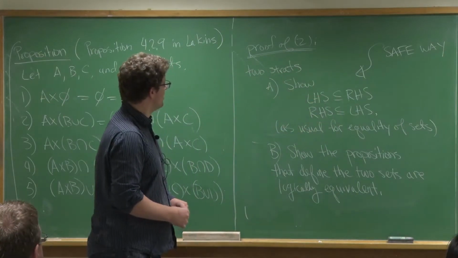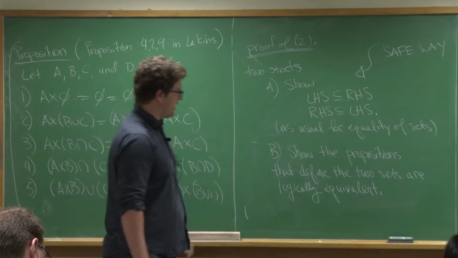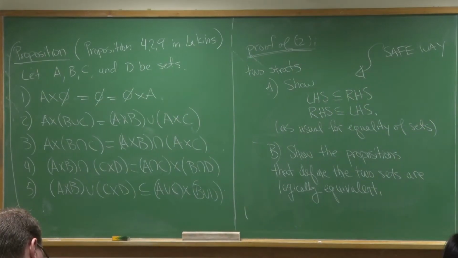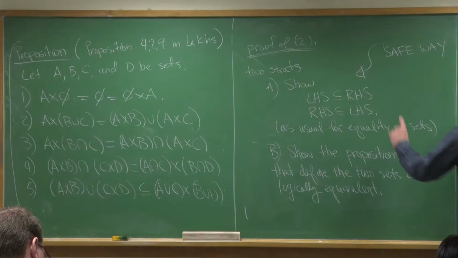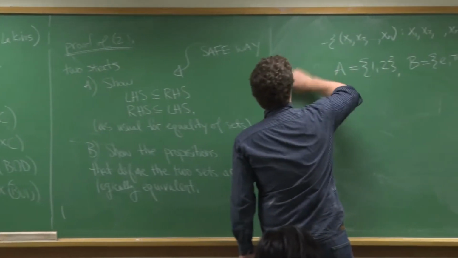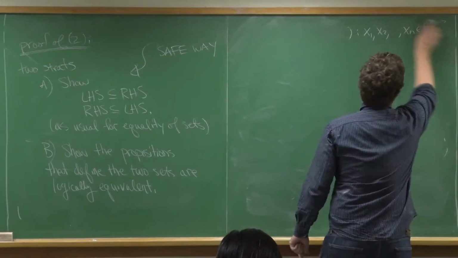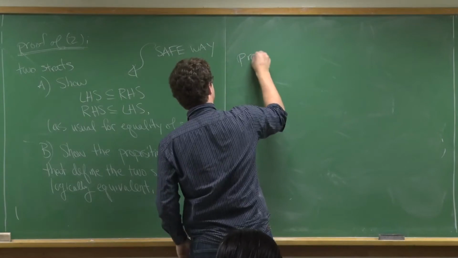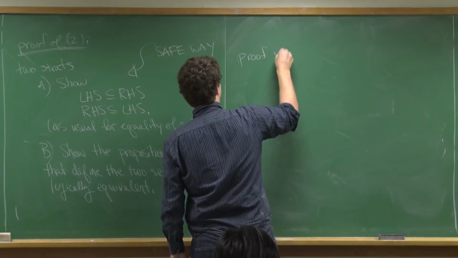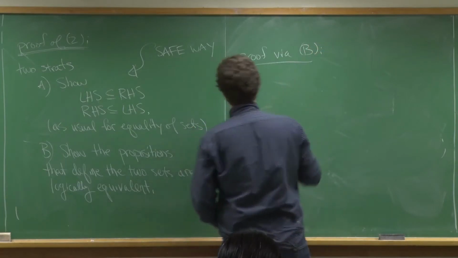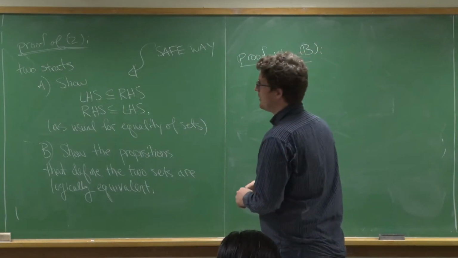They're both fine, and they're both pretty much the same thing, except this one here is really kind of like writing this one out in words. Let me show you what I mean by the second one. So the proof via the second strategy. What do we need to do?